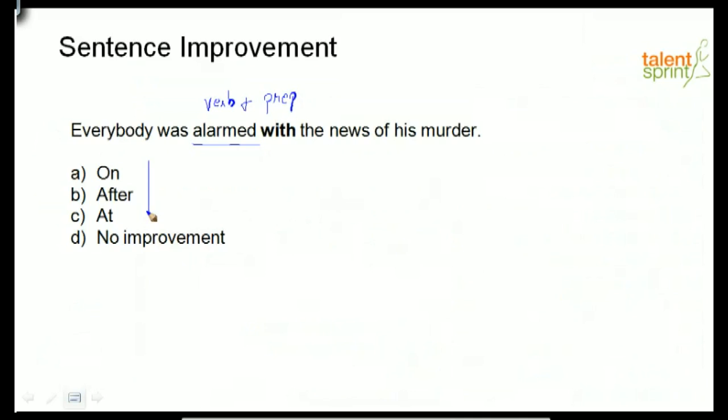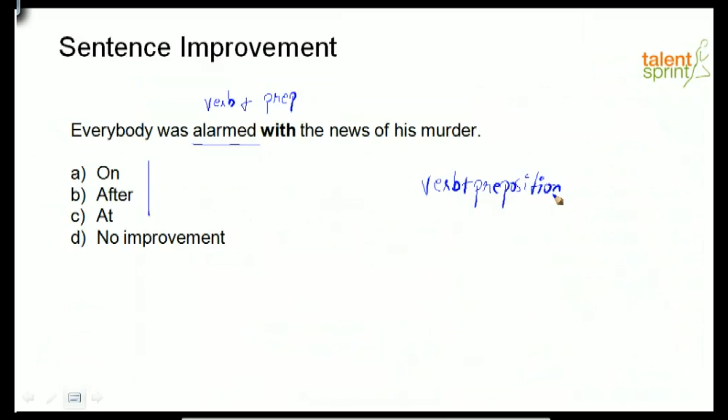So we're looking at a verb plus preposition collocation, two words that will normally go hand in hand. Having said that, usually what are the prepositions that get associated with alarmed out of these three options? Think about it and tell me.